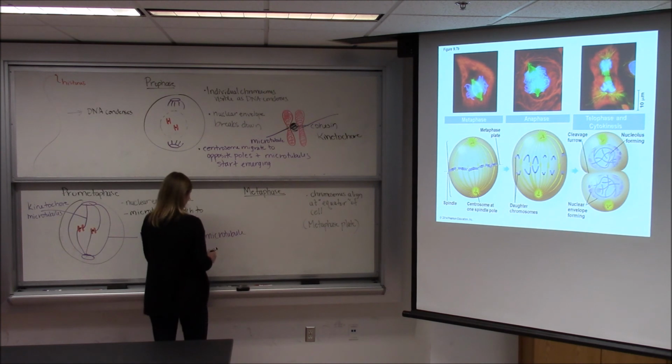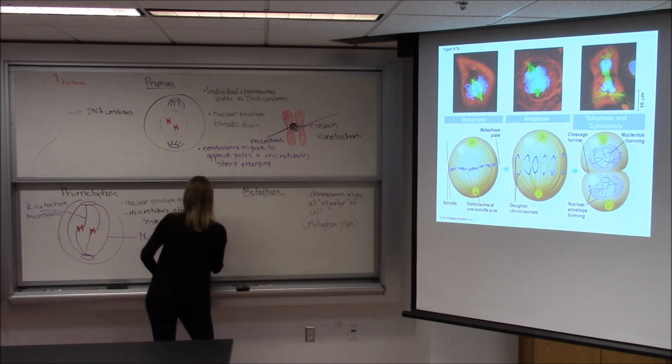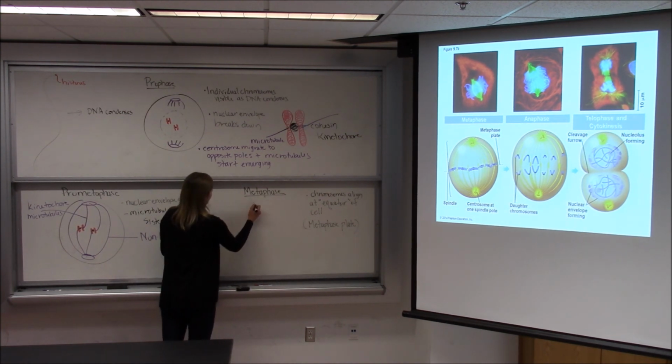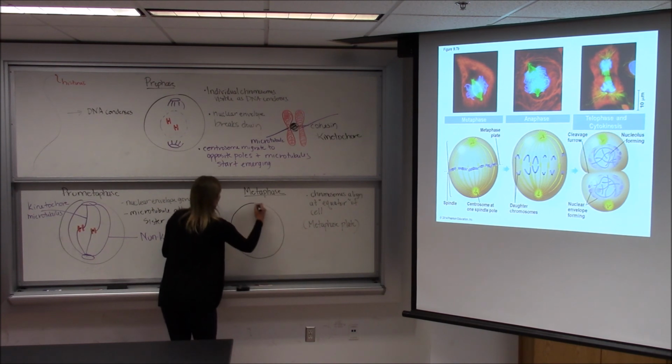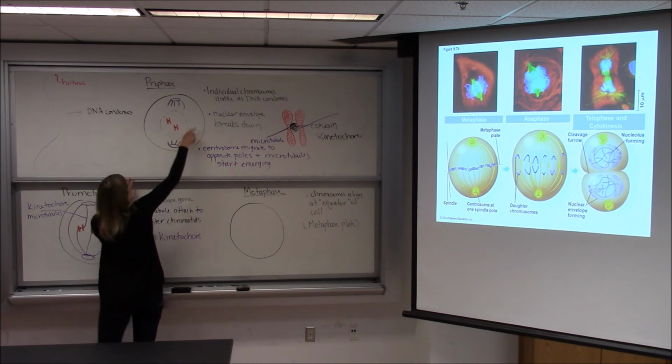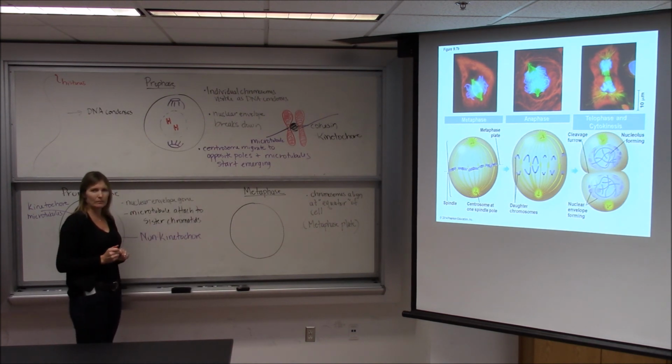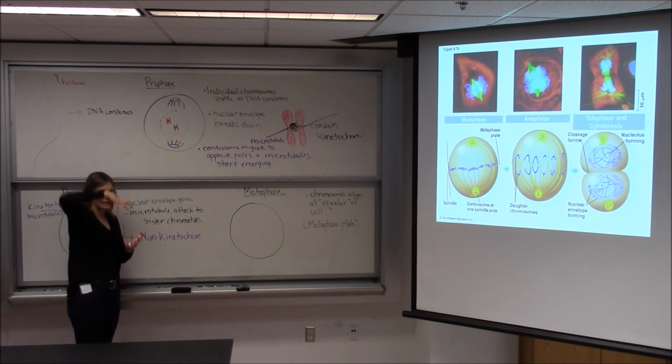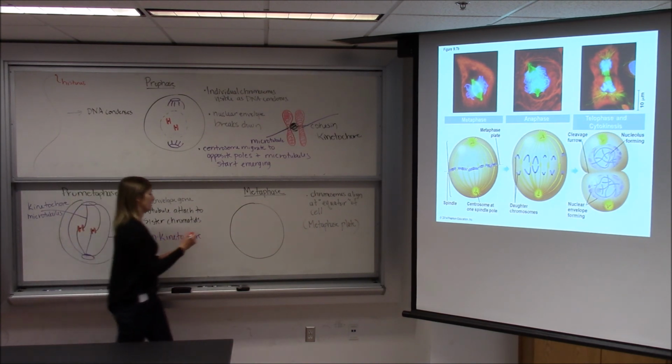So I'm just going to draw that really fast. Here's our cell, no nuclear envelope. By the way, why do you think that nuclear envelope needs to break down? It needs to break down because those microtubules need to get in there to connect to the sister chromatids.